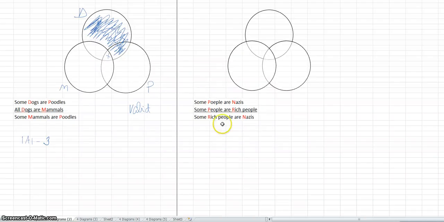So if we go back to this diagram, now we not only did that, but here we could go over and say that this equals valid. If I can write, it will work. There, how's that? So let's come over here and look at this. What we have is some people are Nazis.